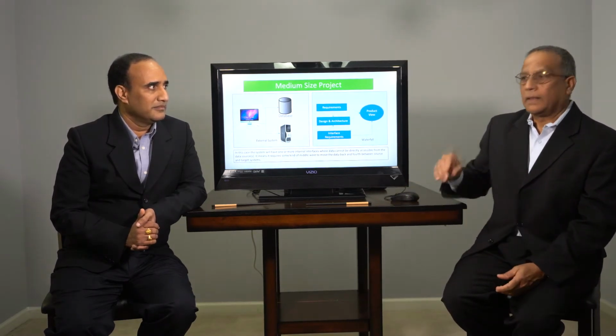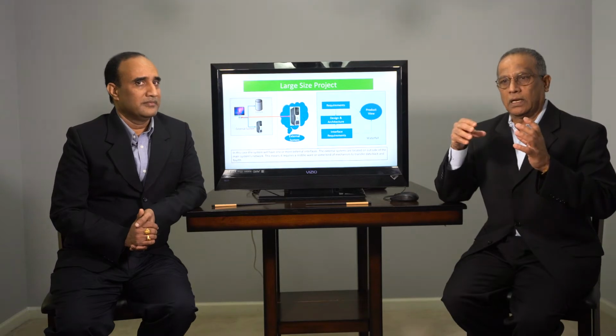The third one is the large size. When it goes to the large size, you will have the interface which is outside of your network. Outside means outside of your network, basically somewhere else, right? So when the interfacing system is outside of the network, then you have to have some additional security to access the system and to move the data back and forth.